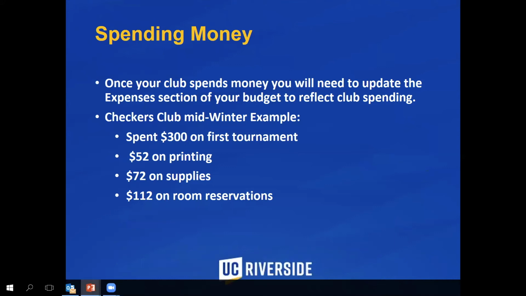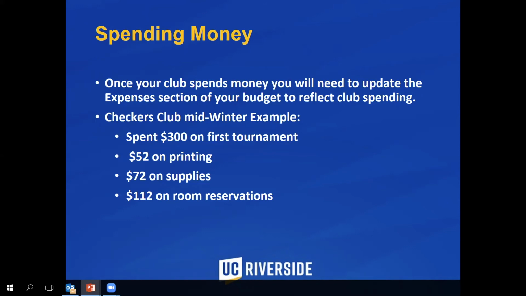Now we're going to talk a little bit about spending money. Once your club starts spending money, you will need to update the expenses sheet of your budget to reflect club spending. So we're going to continue with the same example, but we're going to move to midwinter, and some expenses have been made or some spending has happened, right? So it looks like they have spent $300 on their first tournament, $52 on printing, $72 on supplies, and $112 on room reservations.